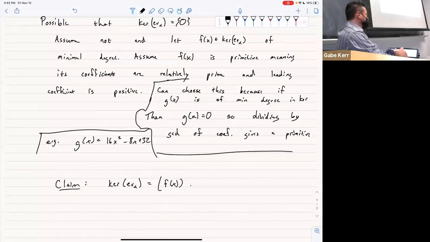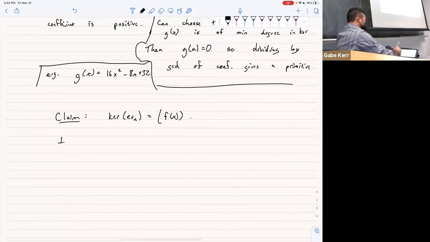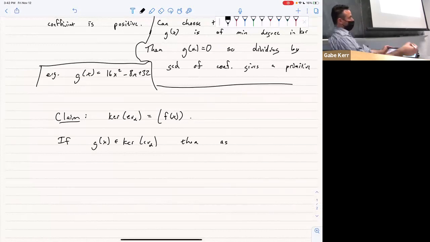For this claim, I urge you to look in this section and find a few things. One thing is, so let's explain, if g of x is an element of the kernel, then, this is kind of what this section does.